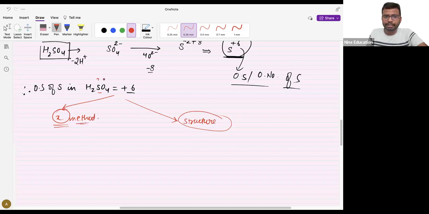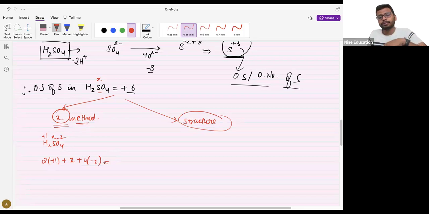You write sulfur as X, hydrogen will be +1, oxygen -2 in H2SO4. So 2 into +1 plus X plus 4 into -2 will give the total charge on H2SO4, which is 0. From here calculate X, it will come 8 minus 2, which is +6.